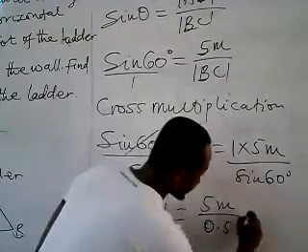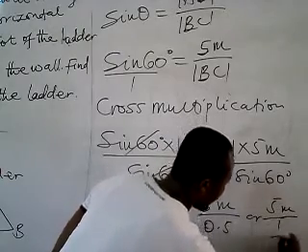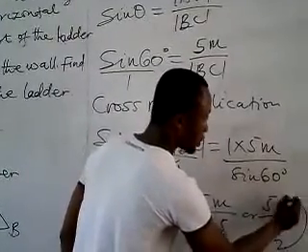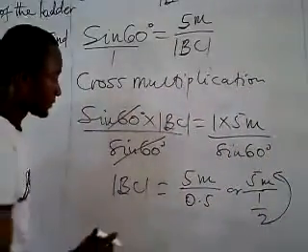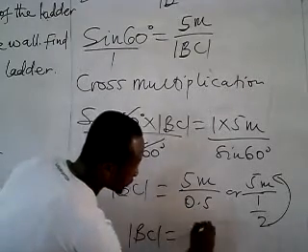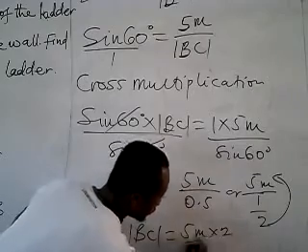So I can make it 5 meters over 1 over 2. So here the 2 will multiply the 5. So our line BC will be equal to 5 meters times 2 over 1.